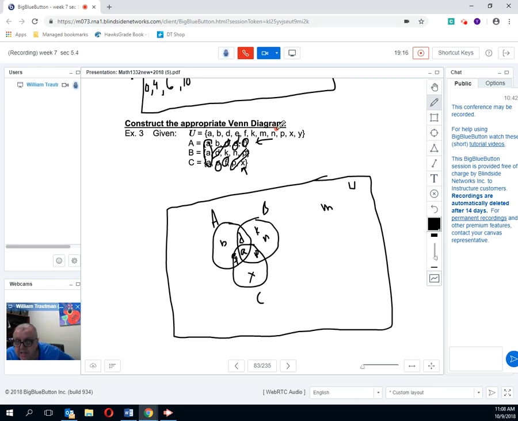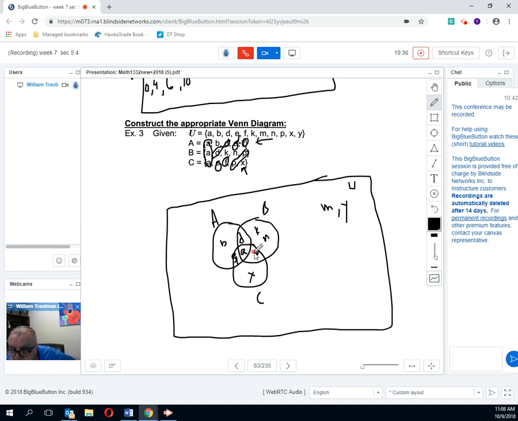N is there. P is there. X is there. Y. I don't see a Y, so Y is also in the universal set. So we should have all the letters covered.